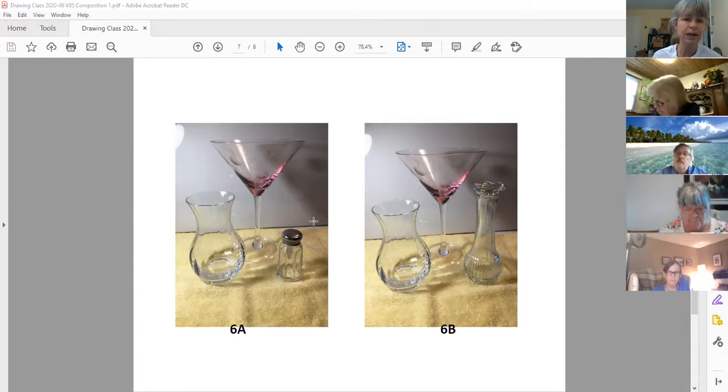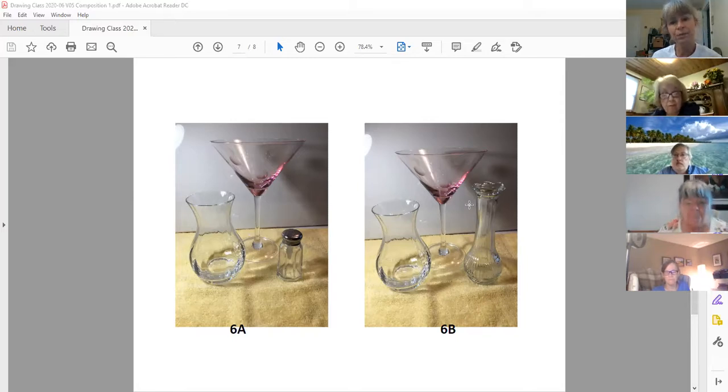See this lit plate, this lit triangle here? And the eye can rest here and travel back to the center of interest, which is around here where the color on the martini glass is and the rim of the vase on the left.